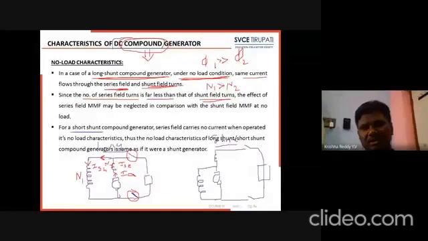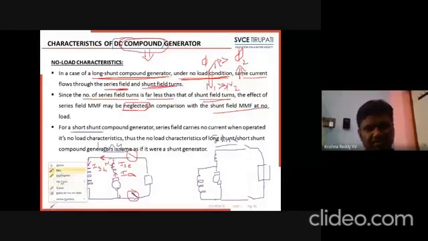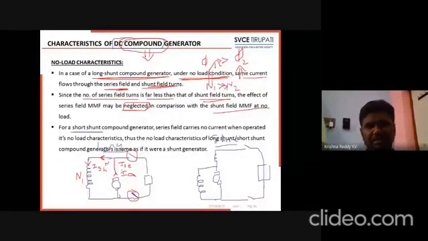That's why the flux produced by the shunt field winding is greater than the flux produced by the series field winding. That's why the effect of series field MMF may be neglected in comparison with shunt field MMF. So we neglect the series field winding MMF, and we get it like this.